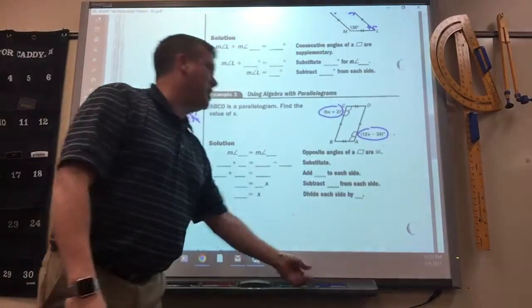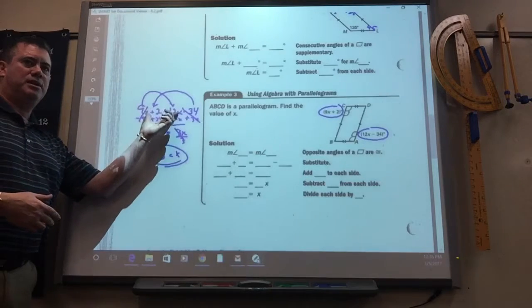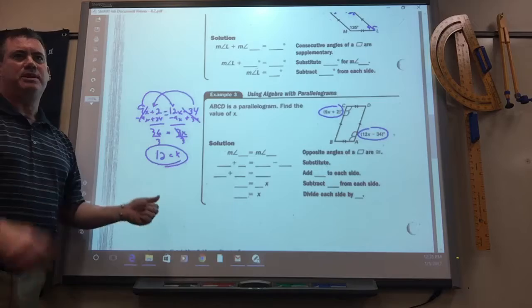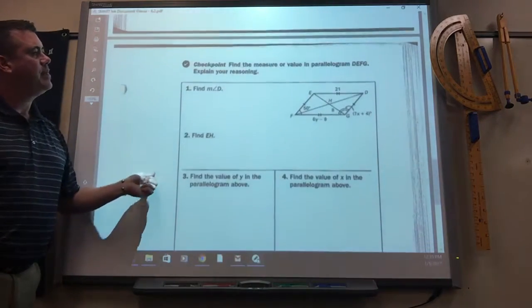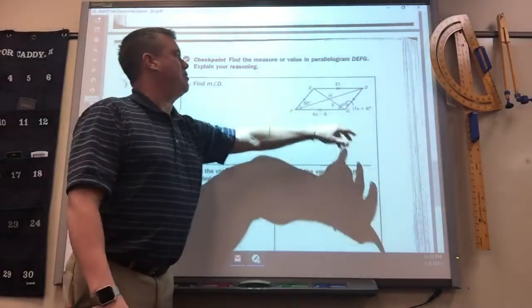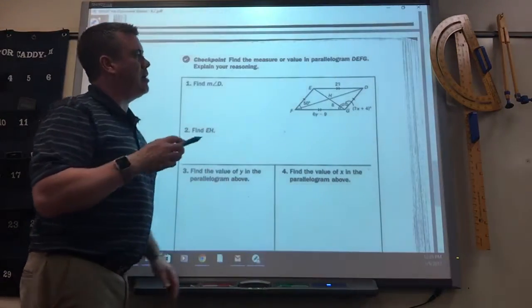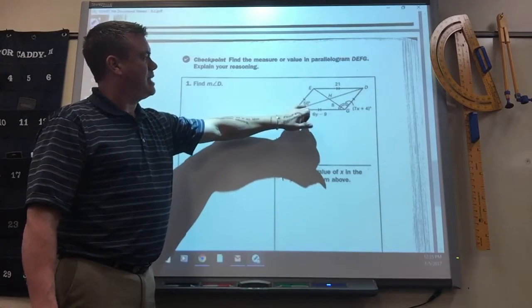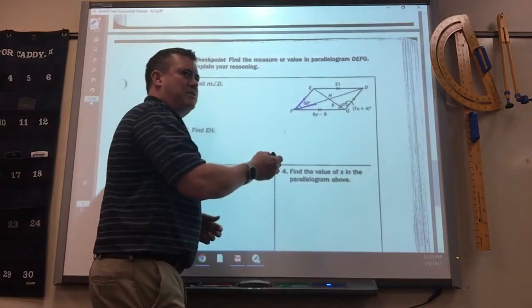Like I said before in geometry, there's only two types of equations. The two things are going to either equal each other or they're going to add up to equal usually 180, but sometimes 90, sometimes 360. So here there's a lot of stuff going on in the picture, but the one thing, we've seen this before, the way they draw this, it looks like this angle is 50 because the 50 is in between the two lines.